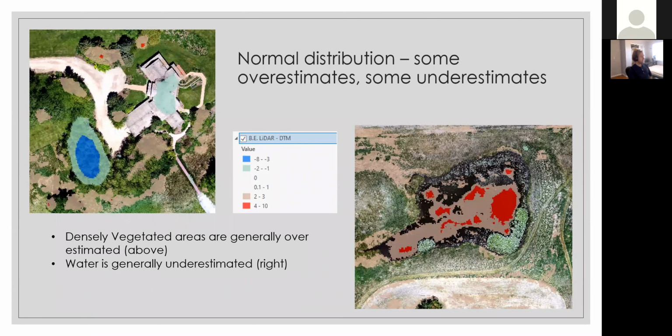So that's basically a normal distribution, right? We've got a standard deviation that's close to 1 and a mean that's close to 0. That's good. And actually, the variations are pointed to, right, we've got high variations in localized places, such as these water areas, and then also these densely vegetated areas you can see here. Water was generally underestimated, and then these densely vegetated areas are kind of overestimated.